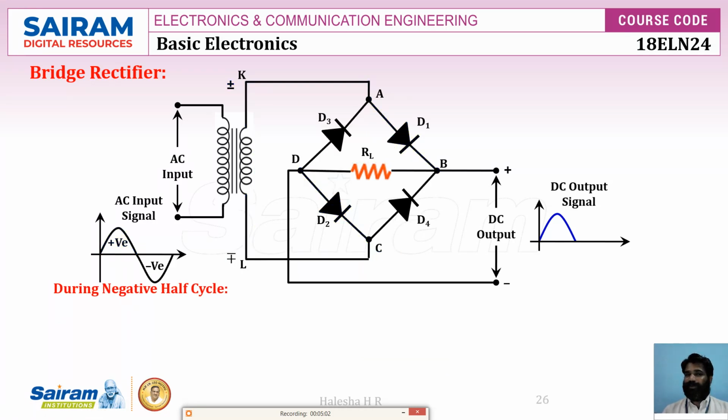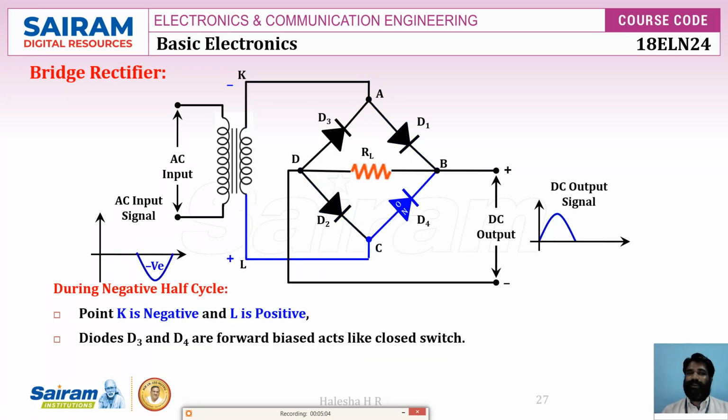And during the negative half cycle, terminal K is negative and L is positive. This positive is connected to the anode of D4 and the cathode of D2. D2 becomes reverse biased, and D4 is forward biased. Again, current flows in this direction. This positive is connected to the anode of D3 and negative is connected to the K terminal, so D3 is forward biased.